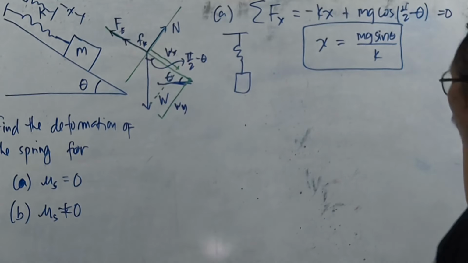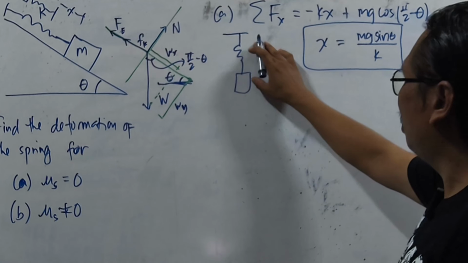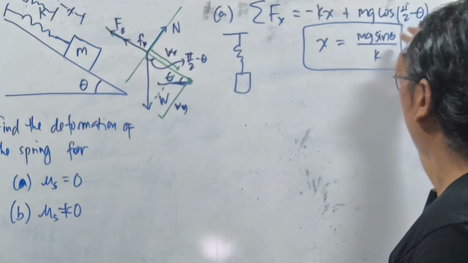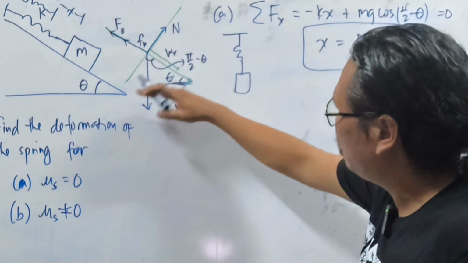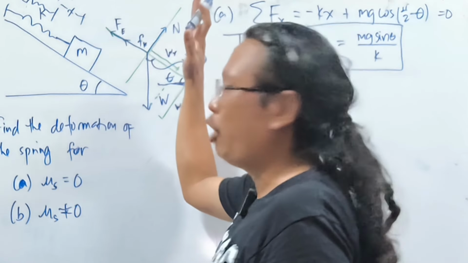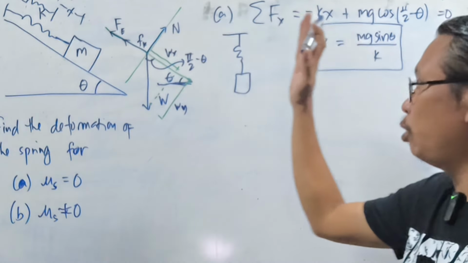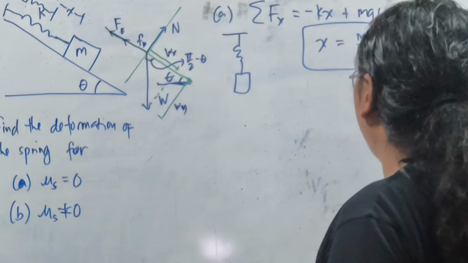Now notice that when this is just hanging, we get sine of theta. In this case, the inclined plane has to be like this, perpendicular to the horizontal, to the floor. So that means that theta would be 90, and sine of 90 is 1.